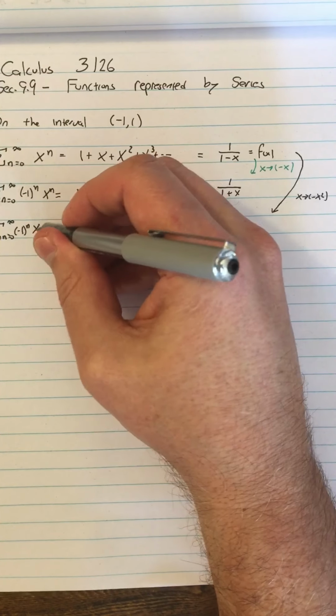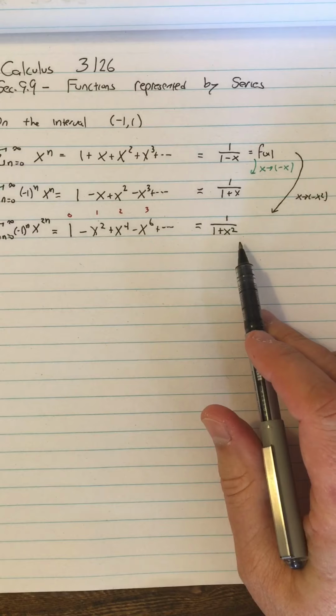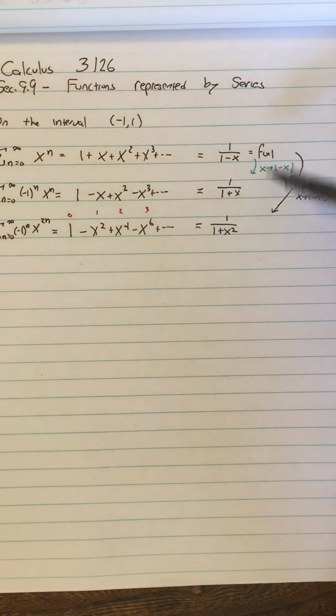So instead of x to the n, I have x to the 2n. So now I have another series, 1 over 1 plus x squared, a different function represented by this other series. Basically, starting from this one geometric series, we can manipulate that around a lot and get different things.